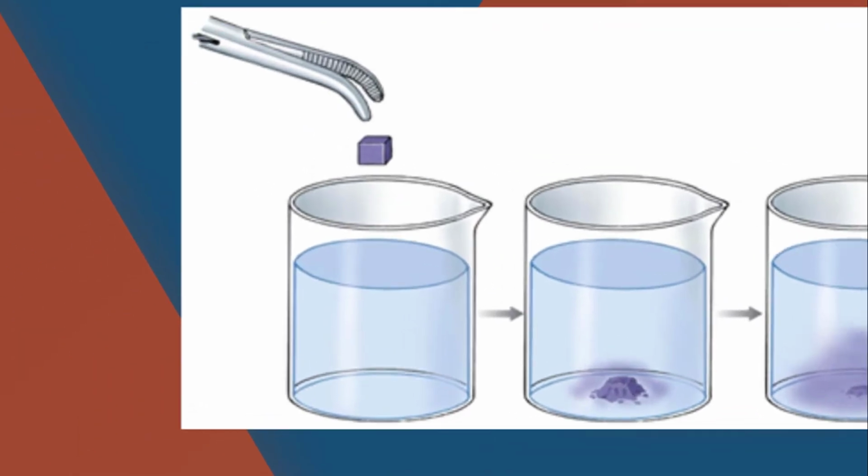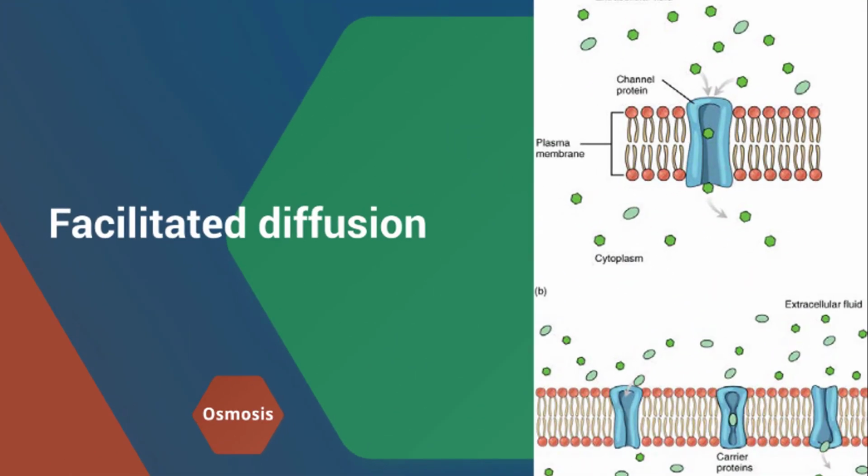The next type of passive transport is facilitated diffusion. Facilitated diffusion is the diffusion process used for those substances that cannot cross the lipid bilayer due to their size, charge, and or polarity.